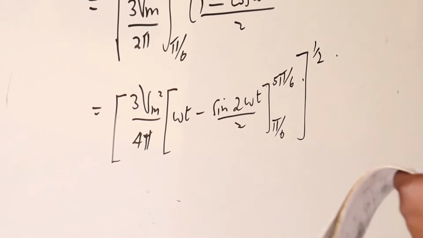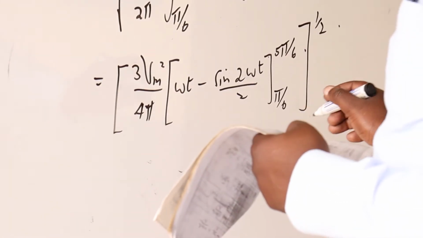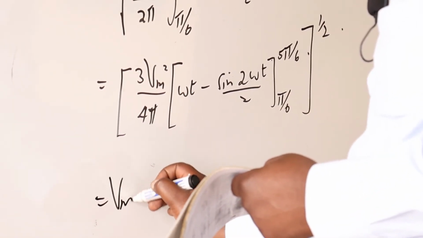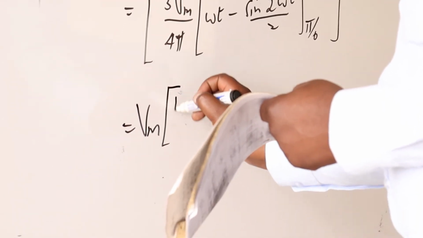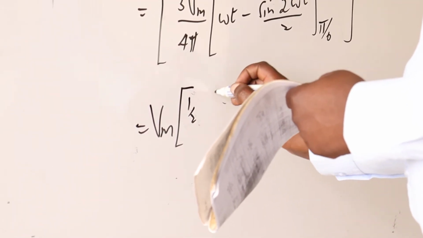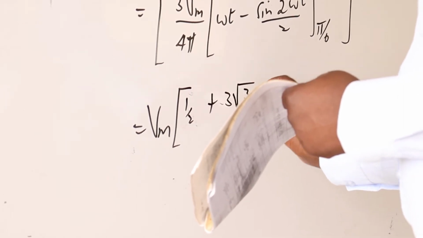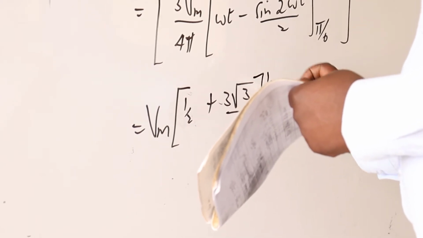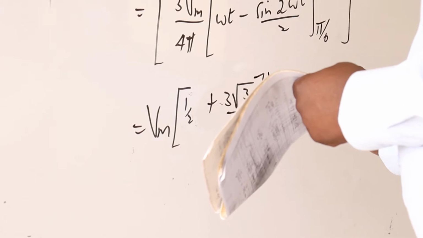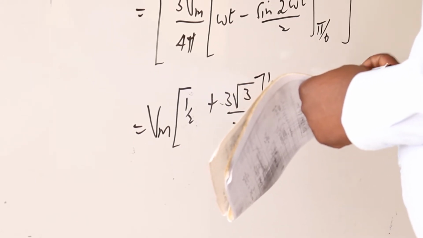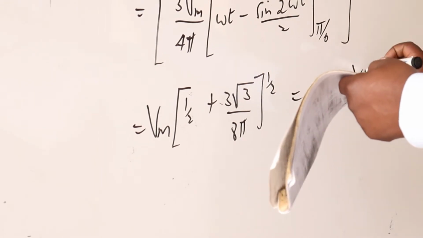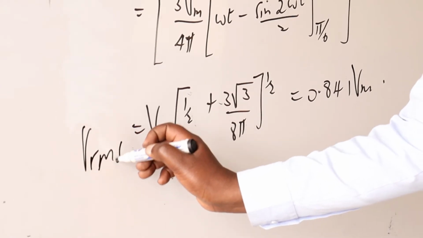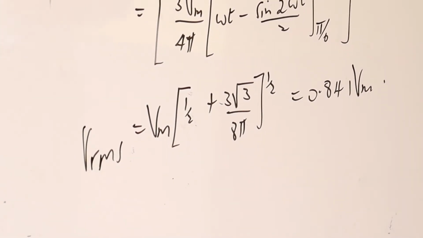So simplifying these, we have Vm into a half plus 3 root 3 all over 8 pi, to the power of a half, giving us 0.841 Vm. That will be the VRMS.